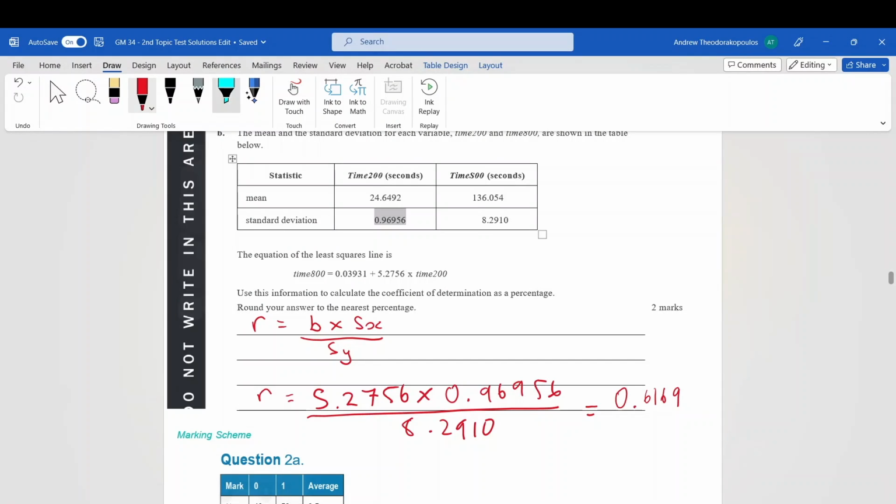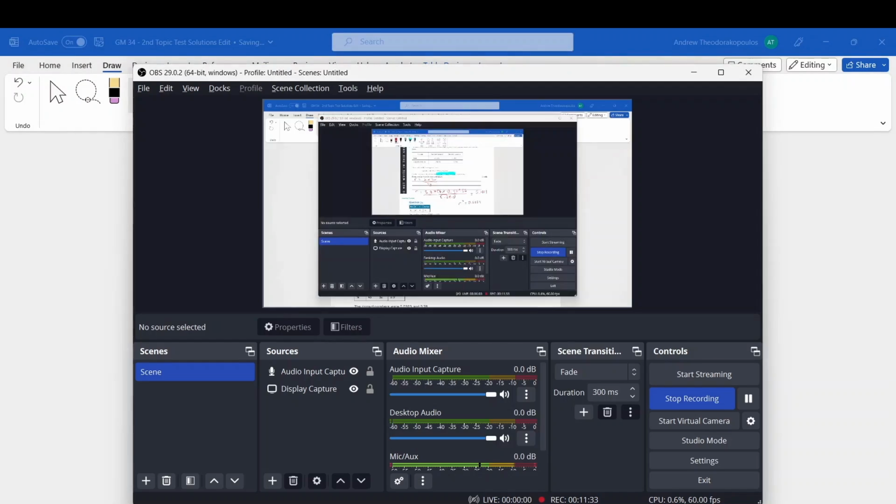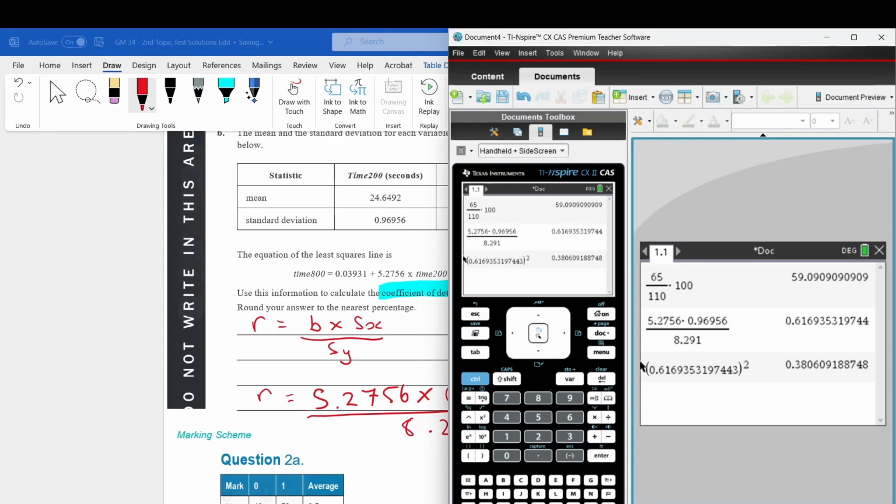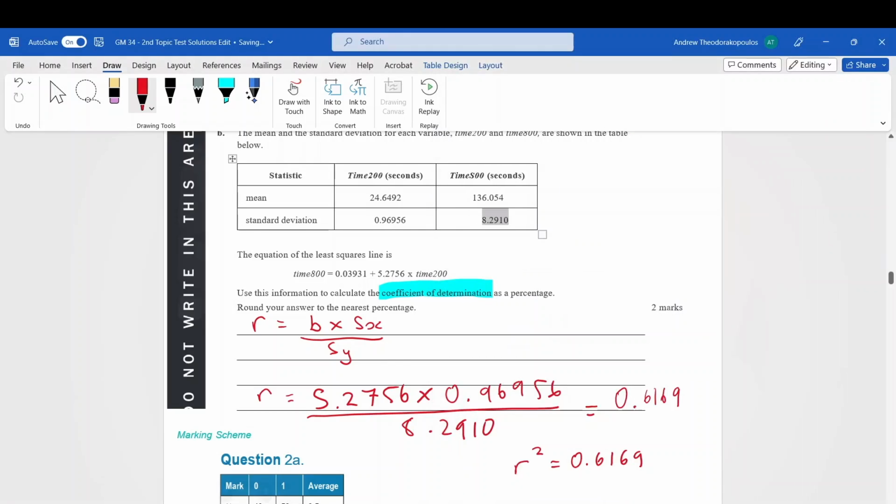What we're looking for is the coefficient of determination as a percentage. To work this out, we're going to square the R value, which is all this squared. Put it in your calculator, and you should get 0.3806.